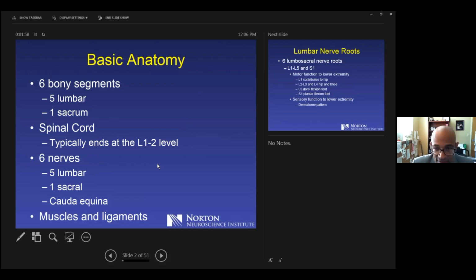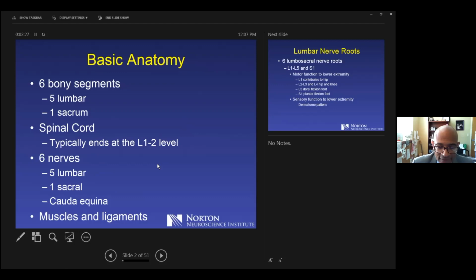Now, unlike the cervical spine, when we're trying to identify landmarks in anatomy when we're evaluating patients, the lumbar nerves come out the level below their vertebrae. So in the cervical spine, the cervical nerves come out above the level. So if you have a C6 nerve problem, or you have pain that goes down to your first and second digits with weakness in your wrist, you're going to look for a problem at the C5-6 level.